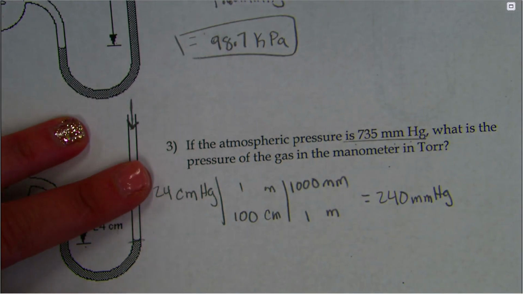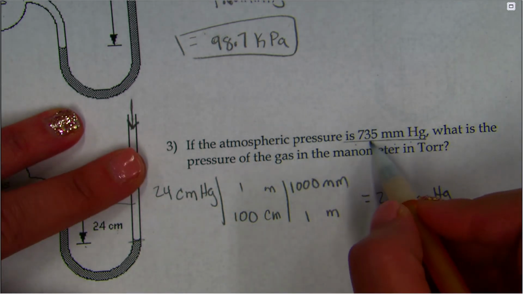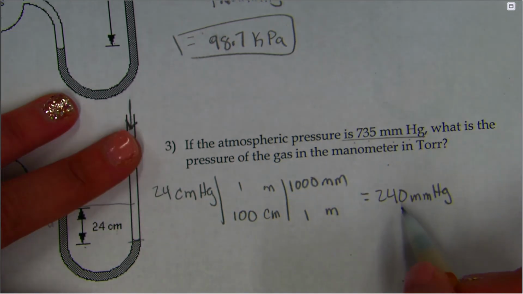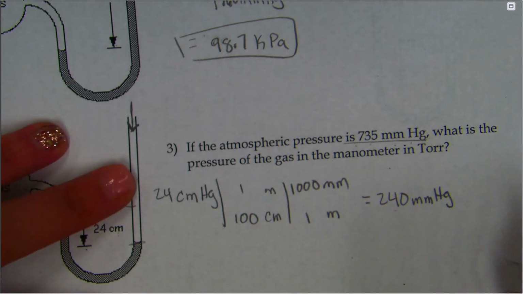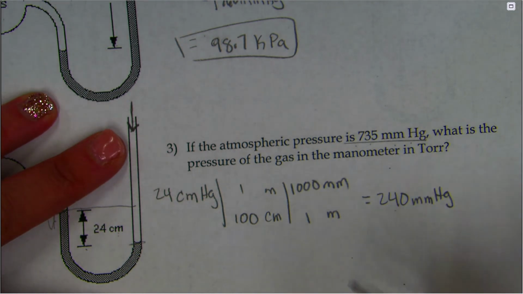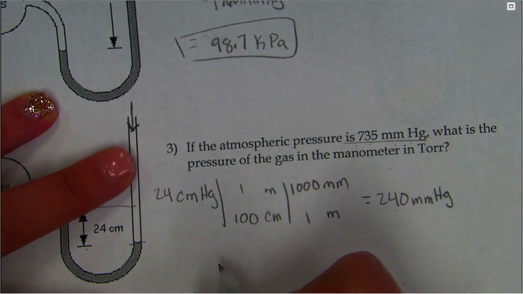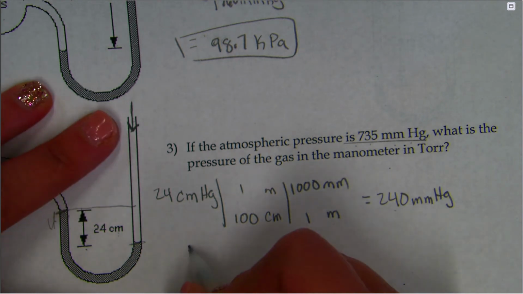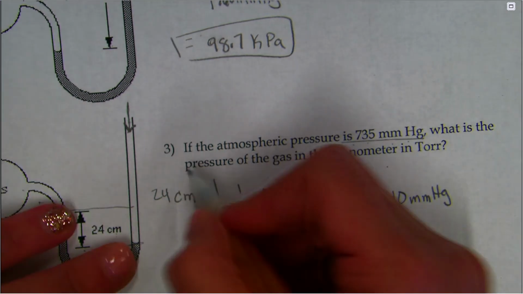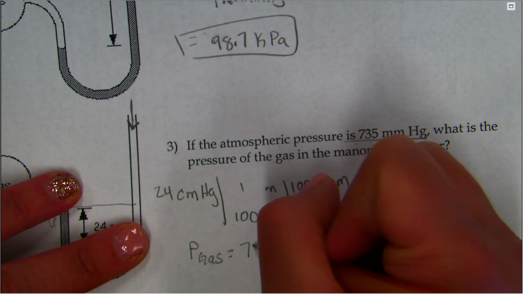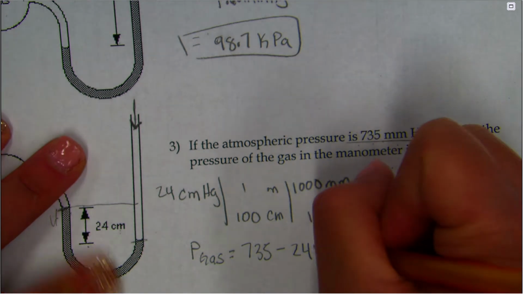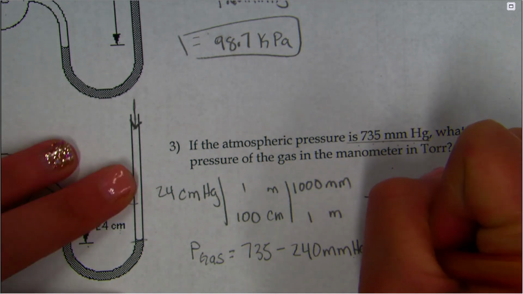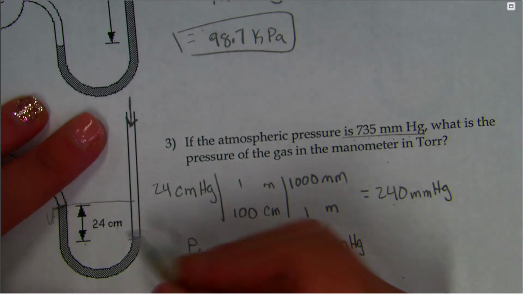All right, so because my atmospheric pressure is 735, and my gas is 240, and the atmosphere is greater, we are going to subtract to find our pressure. So the pressure of the gas is going to be 735 minus the pressure in the manometer.